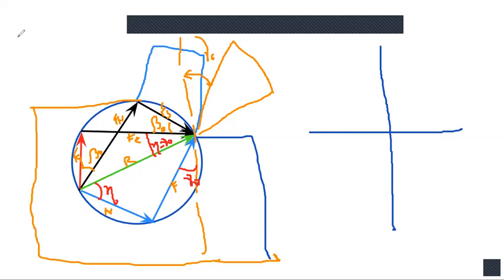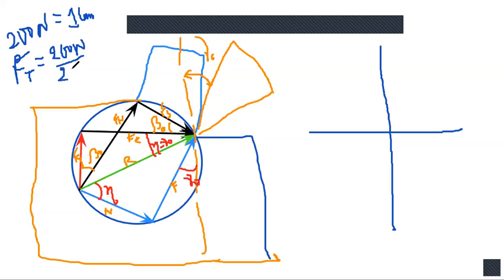First of all, we take one scale. We choose 200 Newton equals 1 centimeter. Then Ft or Pxy equals 200 Newton. We convert all these forces in terms of scale.